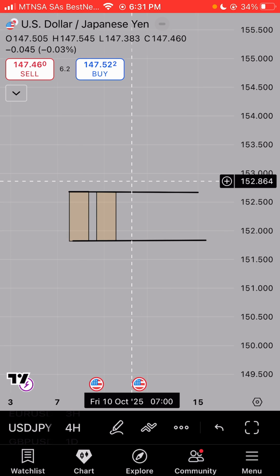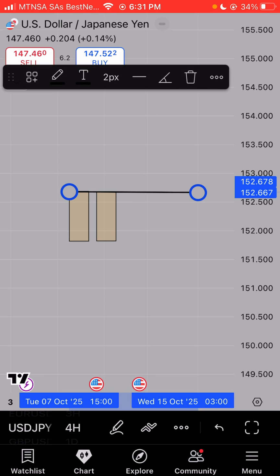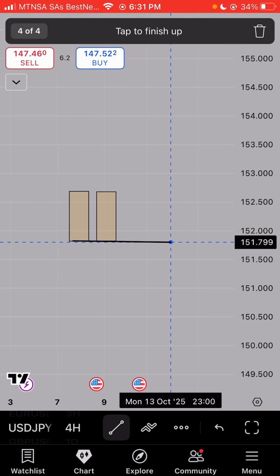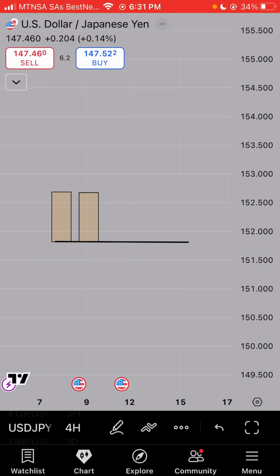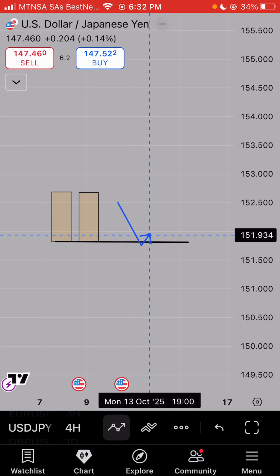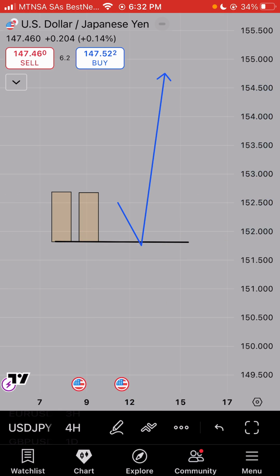If it is an A shape, you're going to mark it like that. And if it is a V shape, then you're going to mark it like this. So what do you want? You want it when the market comes to this key level and you do get a CRT trade from this, then you expect a move to be a bit long.